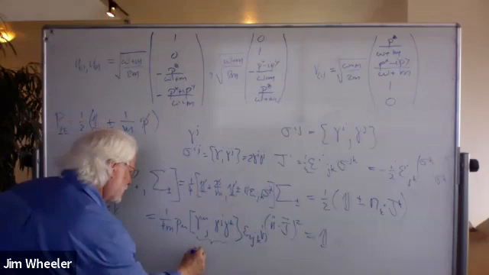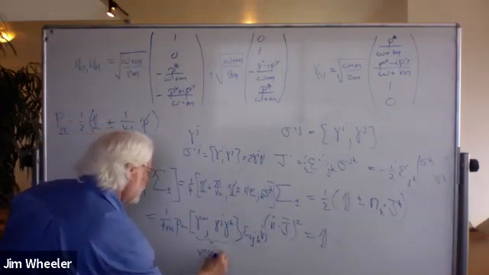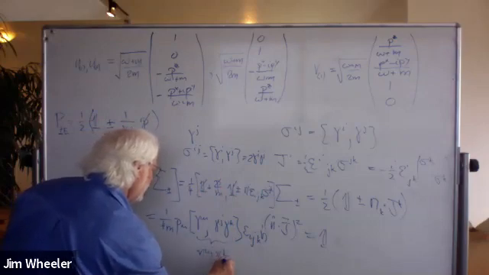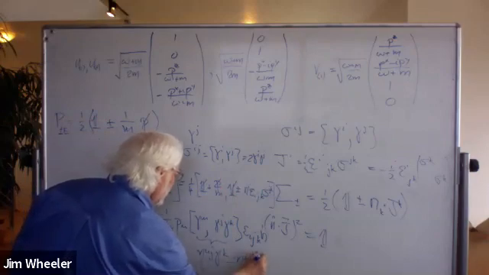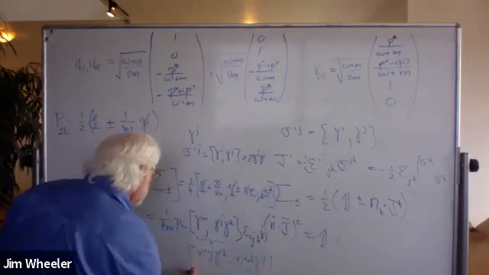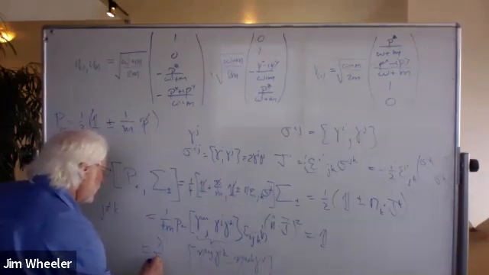In fact, it's going to give me an eta mu j gamma k minus an eta mu k gamma j times some factor. I'll put a fudge factor here.